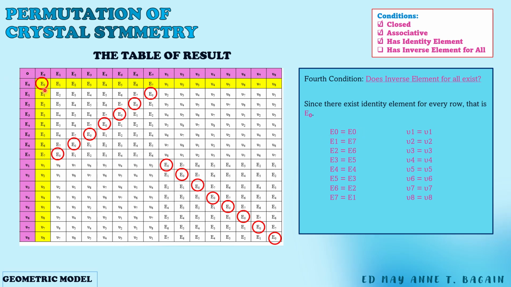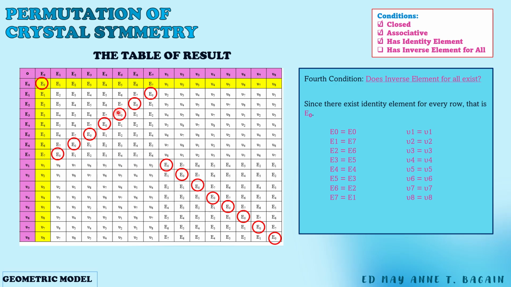So the inverse element for e sub 0 is e sub 0. The inverse element of e sub 1 is e sub 7. And the inverse element of e sub 2 is, as we can see here, e sub 6, sorry, I thought it was 4.